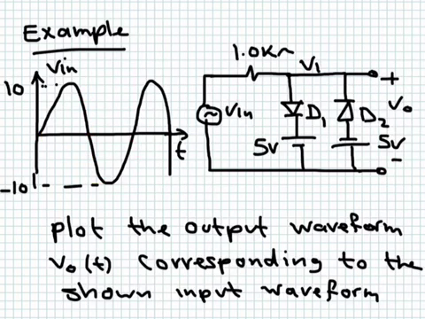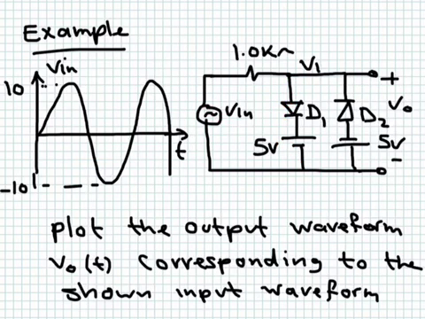Okay, we have now two branches in parallel, so we have to see what is going to happen for each branch. We have this diode D1. For this D1 to conduct, the voltage between this point and the ground must actually reach 5.7. So if the input voltage is below 5.7, you will get nothing here. The same thing is happening for the other diode.